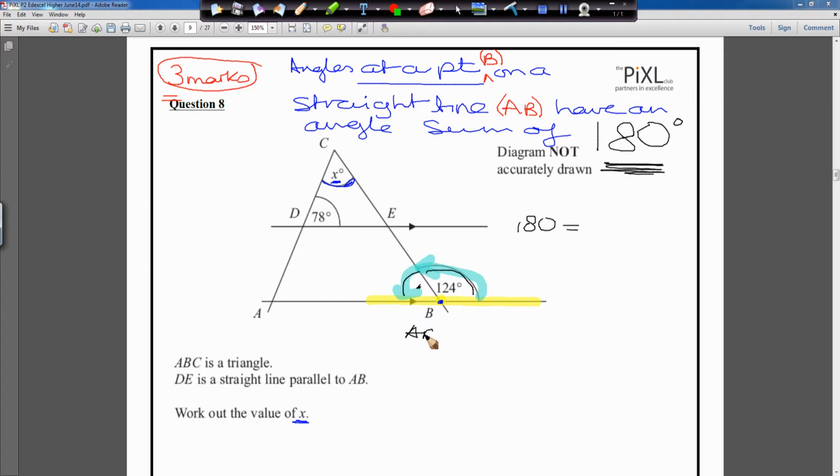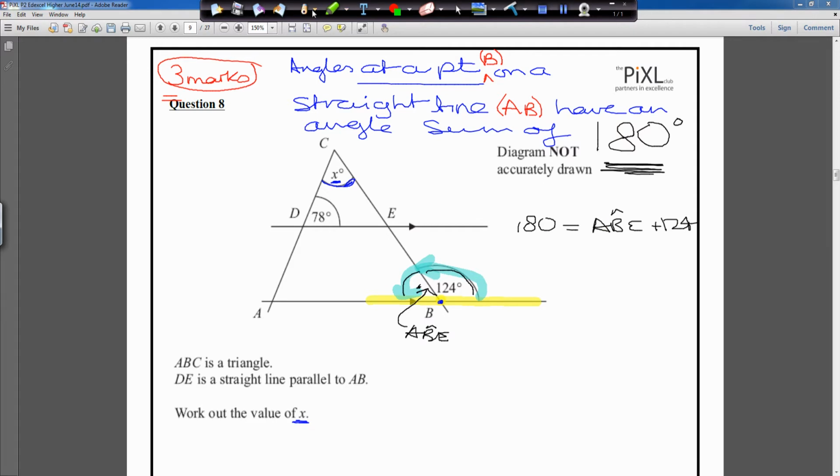So angle ABE is the angle in question. So 180 is equal to angle ABE plus 124. So we make a definition for the examiner. We're forming an equation.